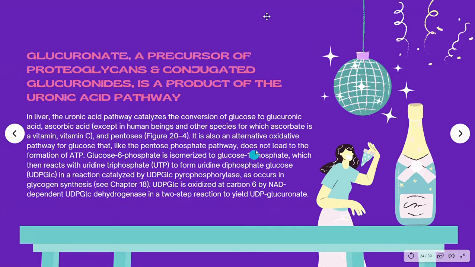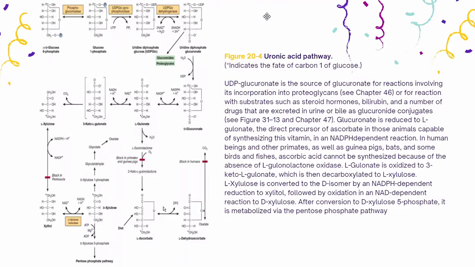It is an alternative oxidative pathway for glucose. Like the pentose phosphate pathway, it does not lead to the formation of ATP. So glucose 6-phosphate is isomerized to glucose 1-phosphate and so on. We just follow the pathway.